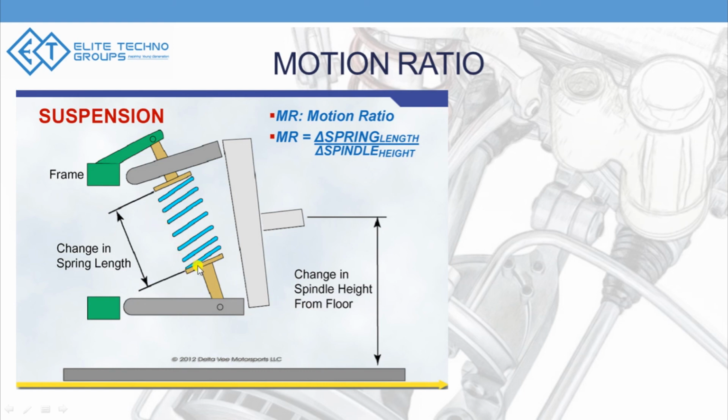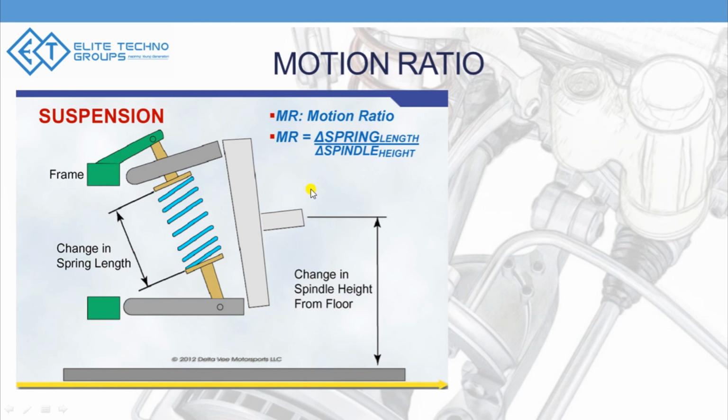That is the motion ratio. It's usually denoted as the delta spring length, which is the change in the spring. If it compresses, how much is the compression? That's the delta we are looking for for every 1 millimeter of wheel movement. So if the wheel moves by 1 millimeter, and your spring compresses by 0.7 millimeter, then your motion ratio is nothing but 0.7.